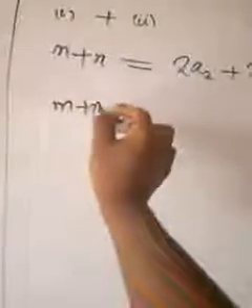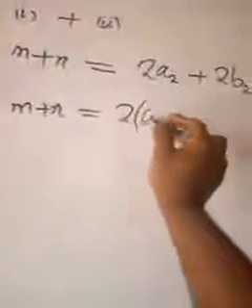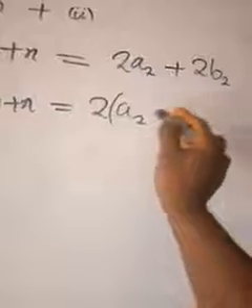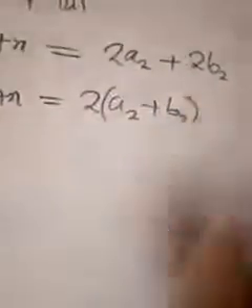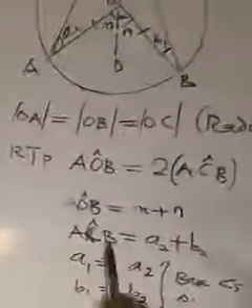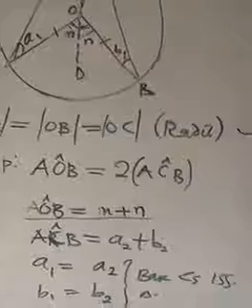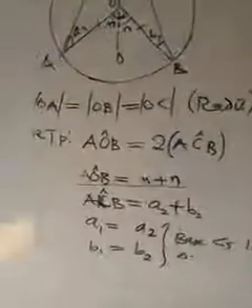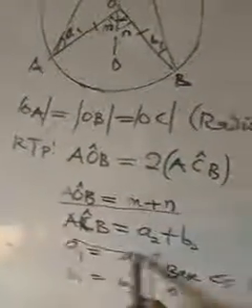That is, if you sum the two equations together. So M plus N is equal to 2, which is common, times A2 plus B2. If you now make a quick recall, AOB is M plus N, ACB is A2 plus B2.